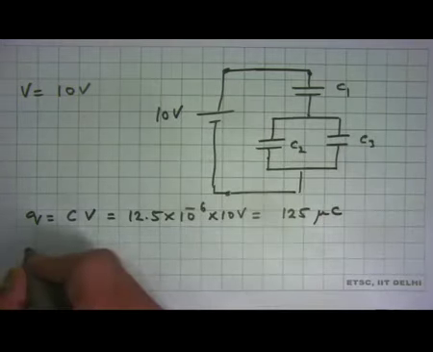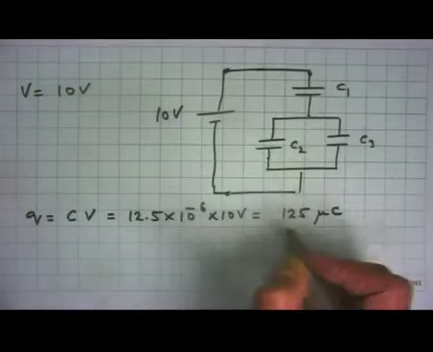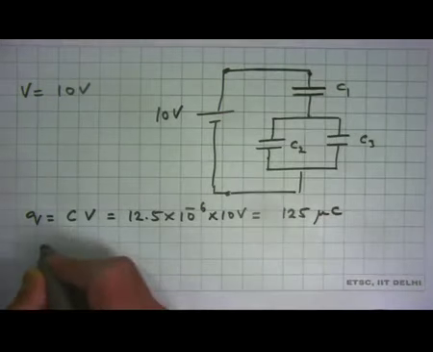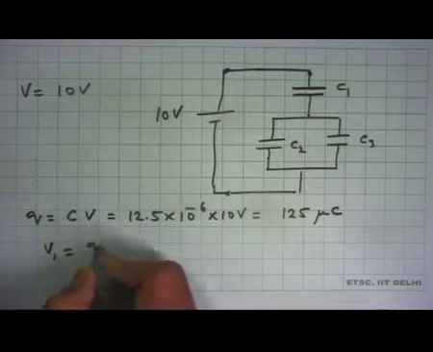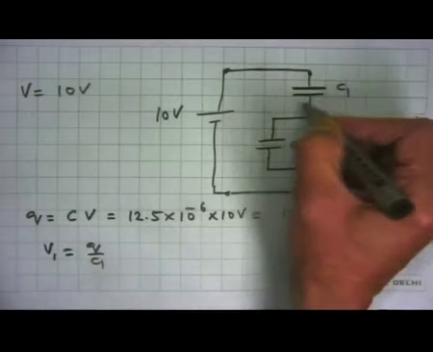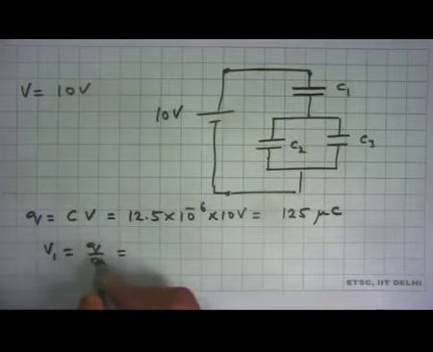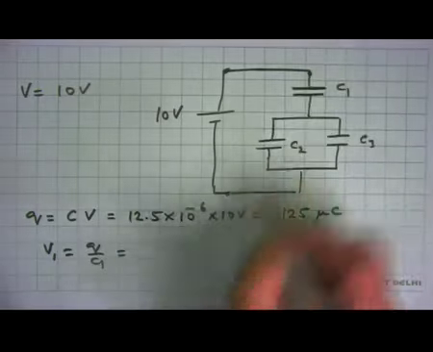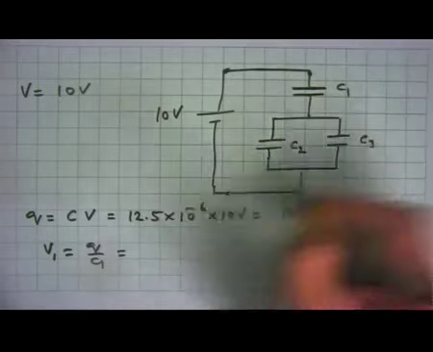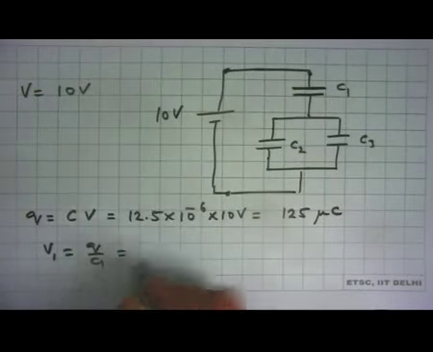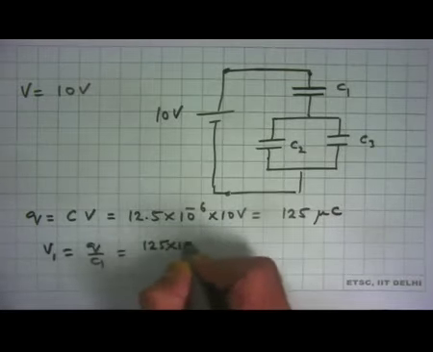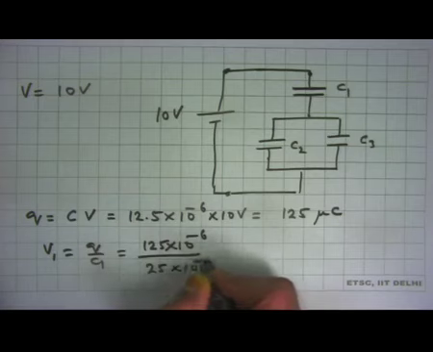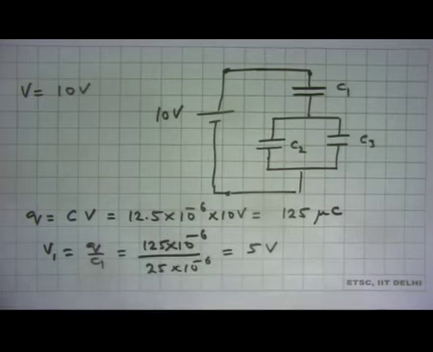First, let me calculate this potential difference. 125 microcoulomb has been supplied to this plate, so this plate also has 125 microcoulomb. So, V1 must be equal to Q by C1, where C1 is the capacitance of this capacitor. The charge supplied by the battery, 125 times 10 to the minus 6 coulomb, divided by the capacitance of 25 microfarad, gives 5 volts.